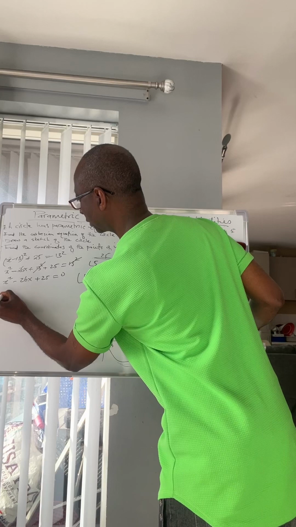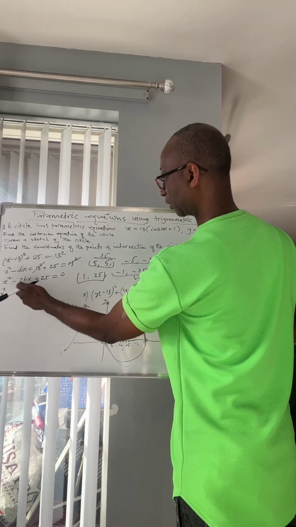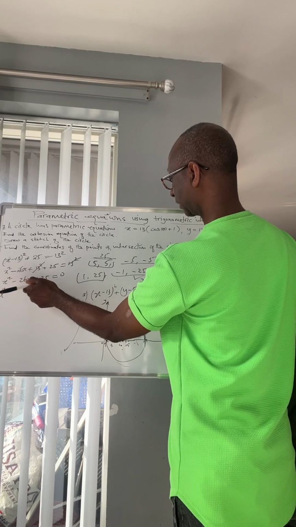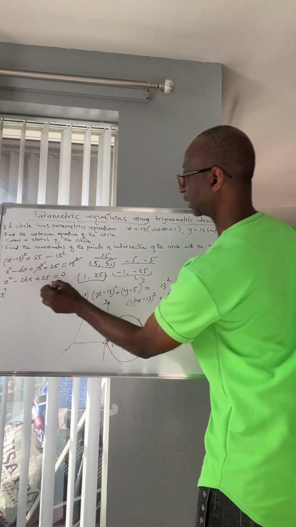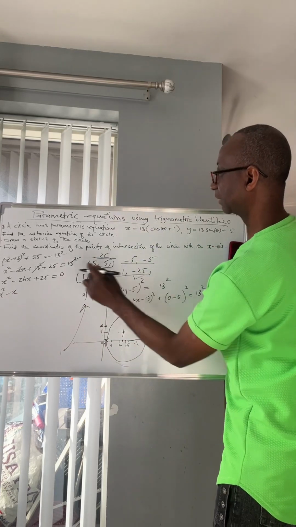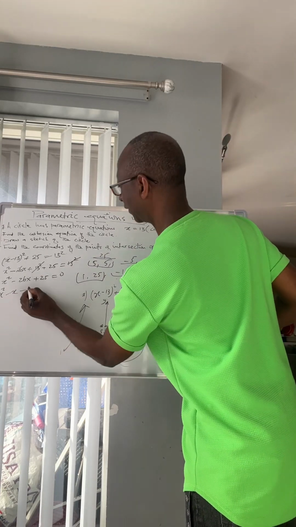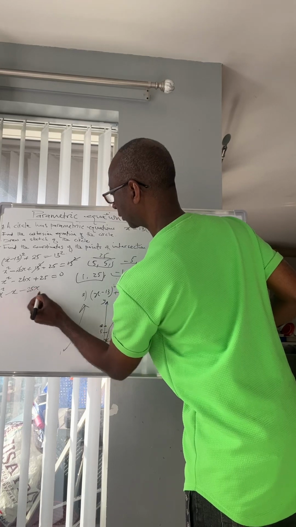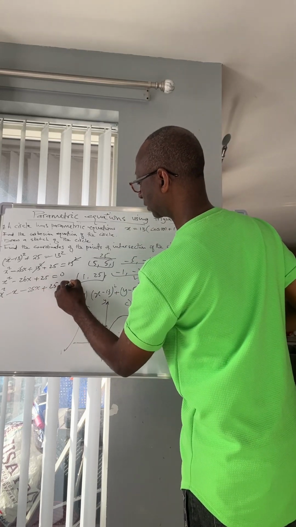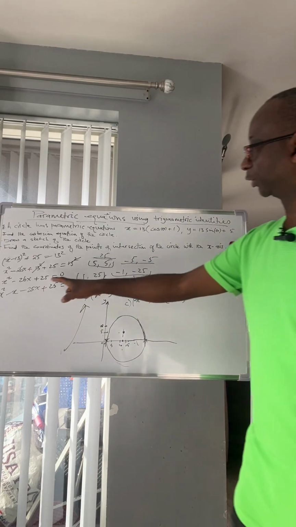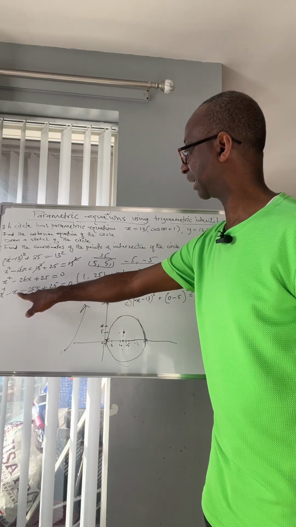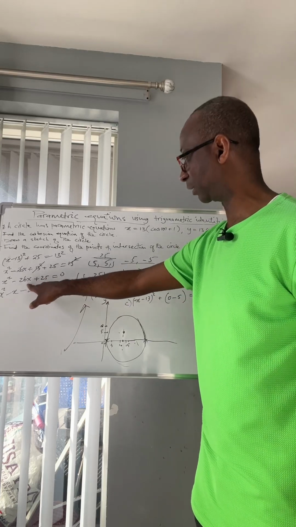So we now have x squared. Instead of this 26x, we are going to split it. It means now we are saying minus x minus 25x, and we still have this plus 25 equals 0. If you add minus x and minus 25x, you get minus 26x.